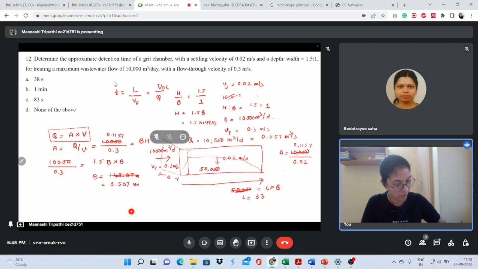Area will be 5.785 meter square. So L we will get by dividing by B. L is 11.41 meters. I hope you are understanding what I am trying to do.